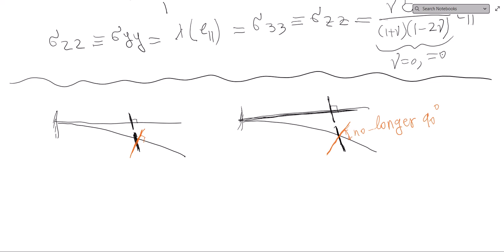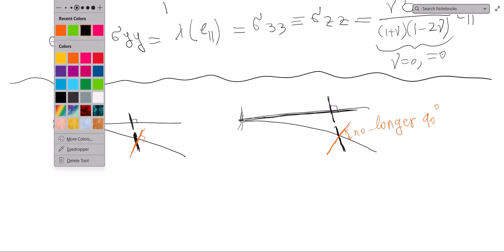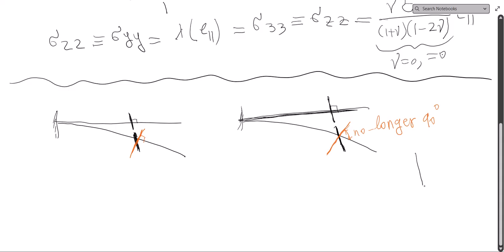If I draw this in a zoom here, let's say this is your initial neutral axis and this is the normal.